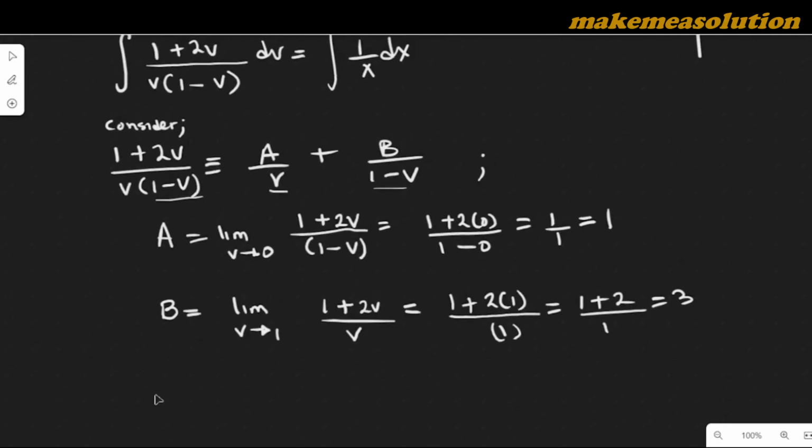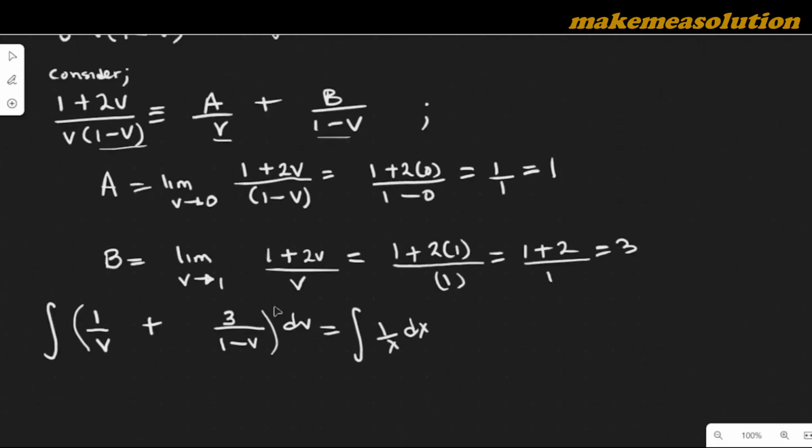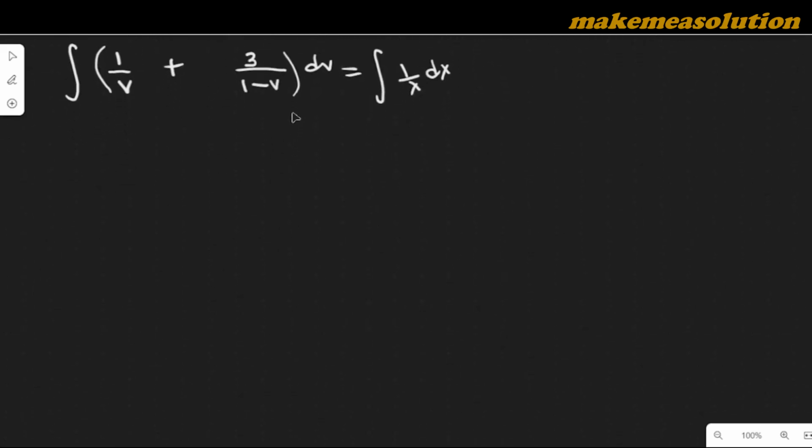So our integral becomes the integral of a being 1, 1 over v, sorry, and b being what? 3 over 1 minus v dv, and everything is equal to the integral of 1 over x dx. So let's keep solving. So what are we going to have in this case?